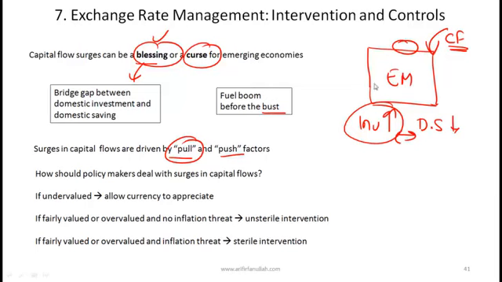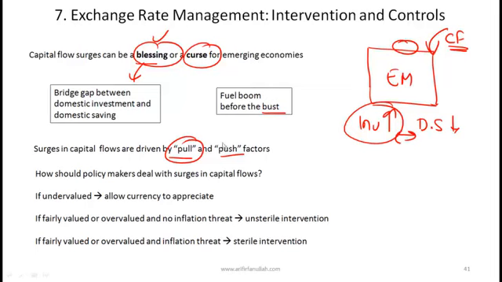So essentially, if good things are happening in your country, for example, the economic management by policymakers is good, if we expect declines in inflation rates and declines in inflation volatility, if we have a relatively flexible exchange rate regime, and so on, these will result in pull factors which cause capital flows to come into your country.